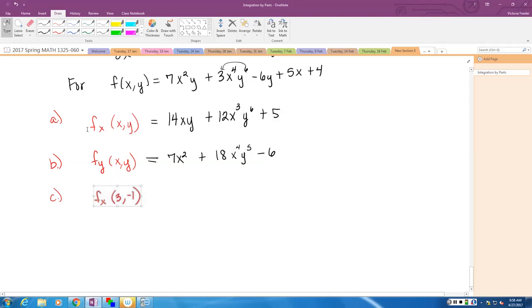In that case, you would have had to do part A anyway, but all I'm asking you to do is plug in, right? So I go back to part A where I found that partial derivative of f with respect to x, and now I'm going to plug in everywhere there's an x, I'll plug in 3, and everywhere there's a y, I'll plug in -1. So I'm going to put a little note above this so I can show where I'm plugging things in.